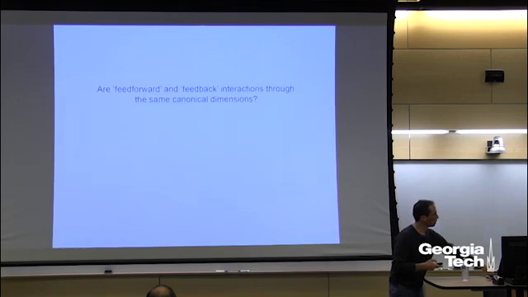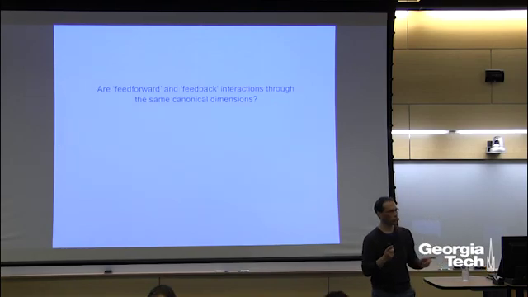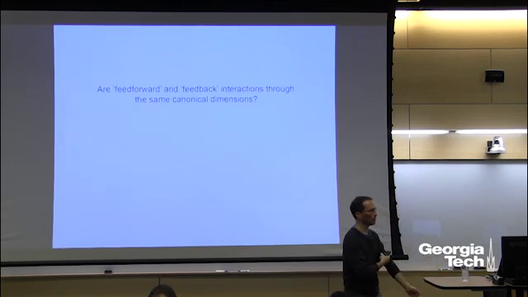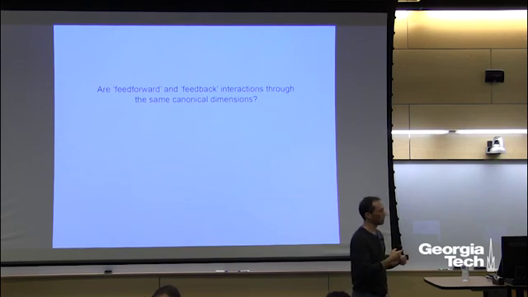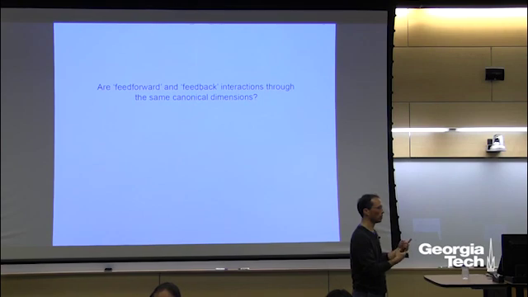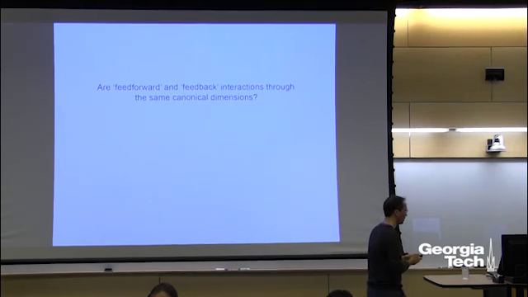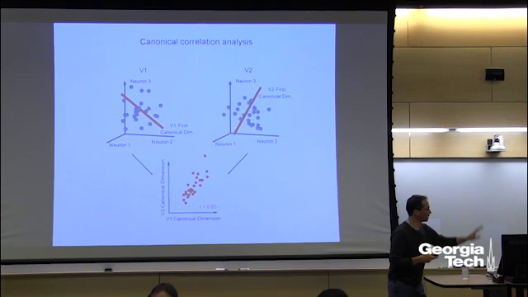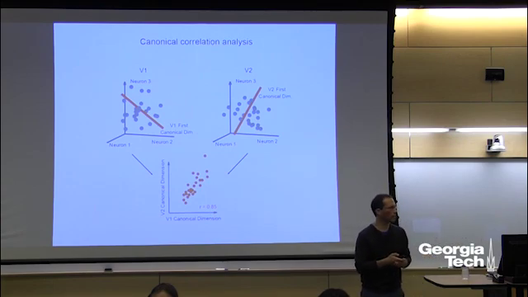The final thing we wanted to do is ask whether this change in the time lag of activity might be associated with communication through different subspaces. If we choose a canonical pair to relate V1 and V2 when they're working in the feed-forward direction, are those the same that work in the opposite direction? So Joao did this same canonical correlation analysis.